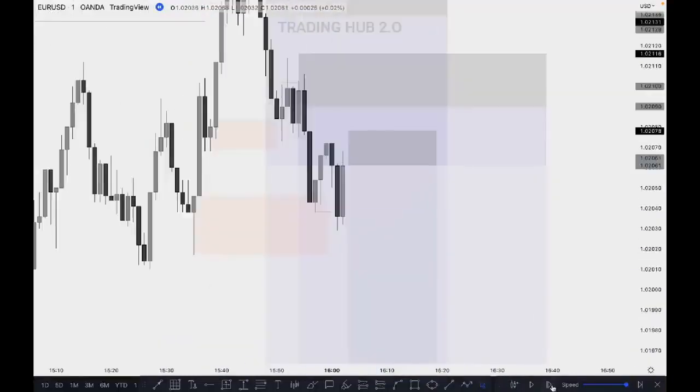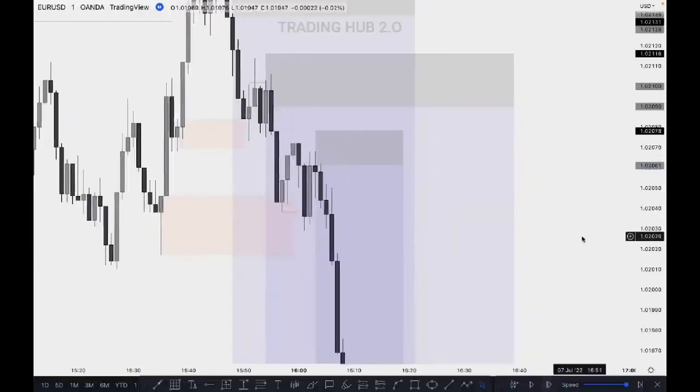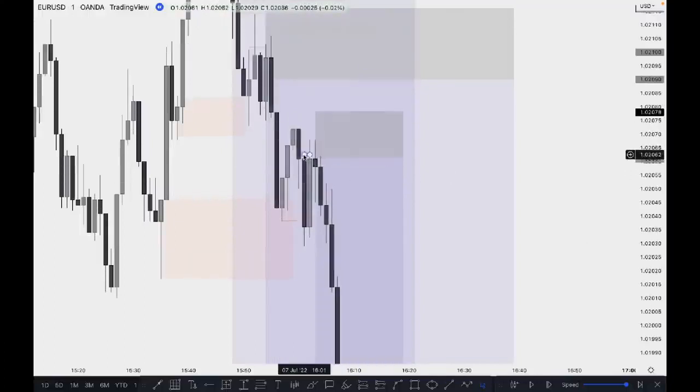Now let's see. You can see how price smoothly worked here. Market swept this previous high, took out this high and closed below it, and we can enter on the next candle which is here and put the stop loss just above it. Okay, we can also put the stop loss just above it, which is less than 1 pip, but this is not sensible.